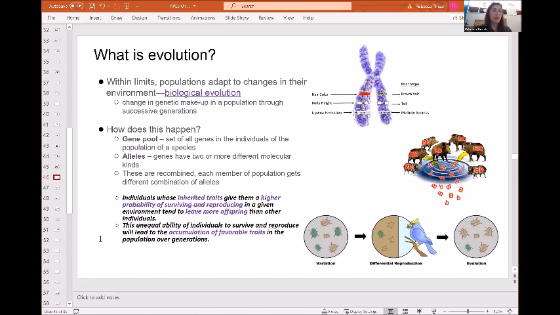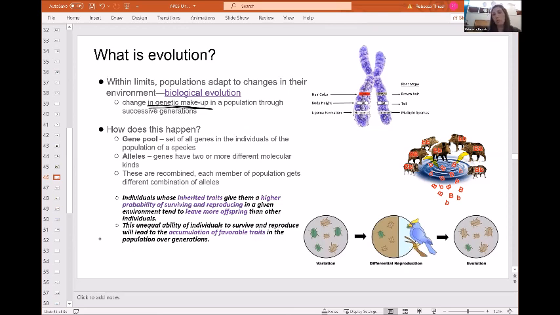So to touch back on an important aspect of this unit, which you'll need to remember throughout the rest of the course, is evolution. When we're talking about this, we're really talking about biological evolution. How does the genetic makeup of a population change? This is important for biodiversity because you could have 1 million individuals in a population, but if they are all genetically similar, then you don't really have as much biodiversity as it seems.